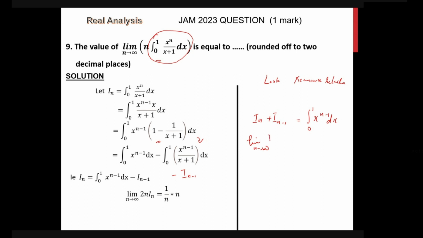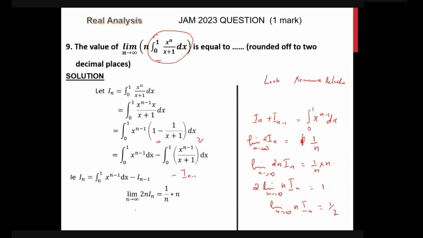The limit of I_n and I_{n minus 1} is the same, and the integral is 1 by n. Now I'm multiplying n on both sides. So limit n tends to infinity 2n I_n equal to 1 by n into n. So that is 2 into limit n tends to infinity n I_n equal to 1. So limit n tends to infinity n I_n is equal to 1 by 2.